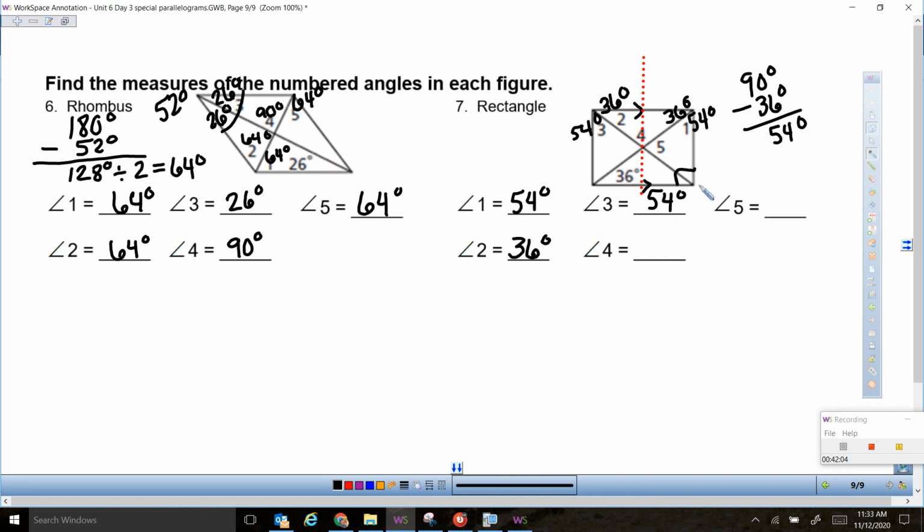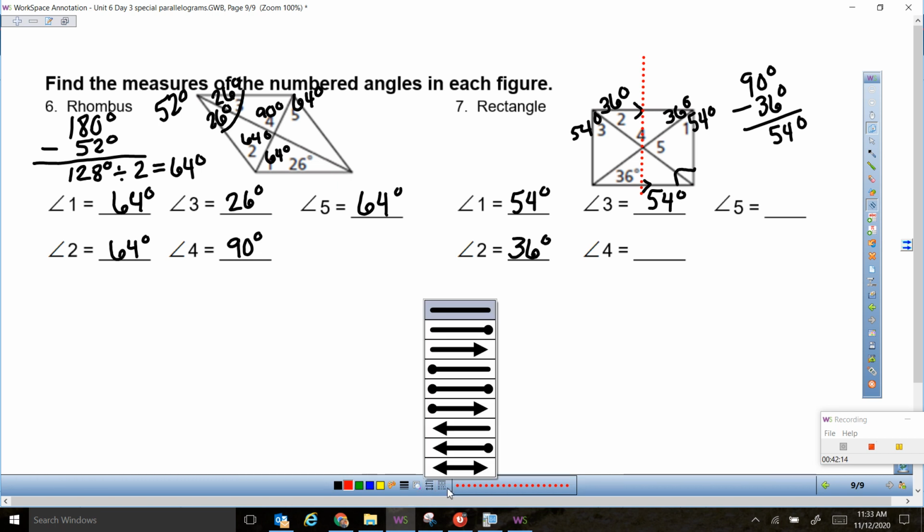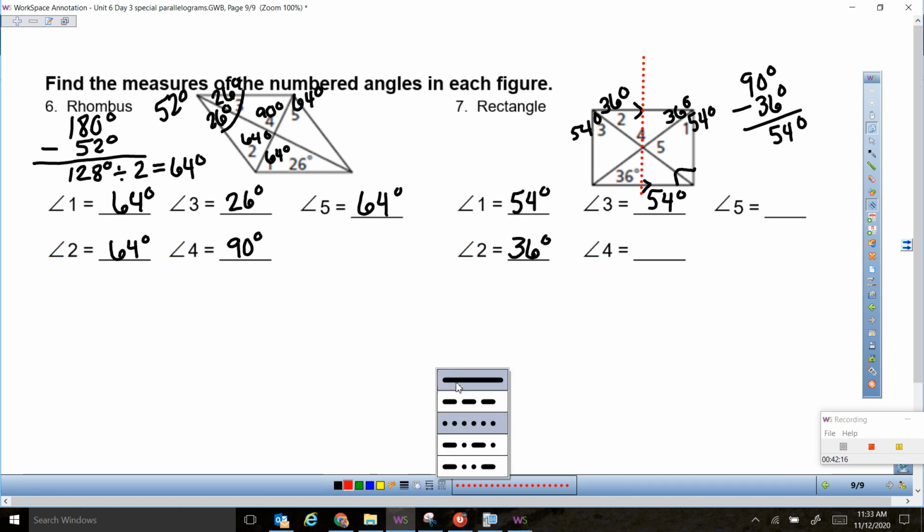And then we need to find angles 4 and 5. Well, let me highlight the triangle and look at it. I know that all three angles in a triangle add up to what? 180.